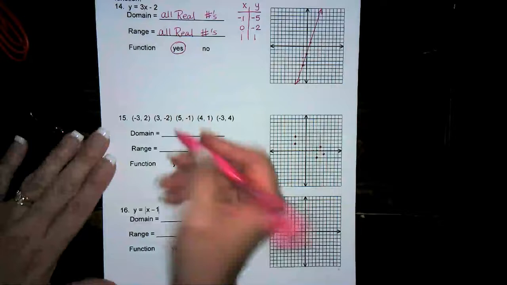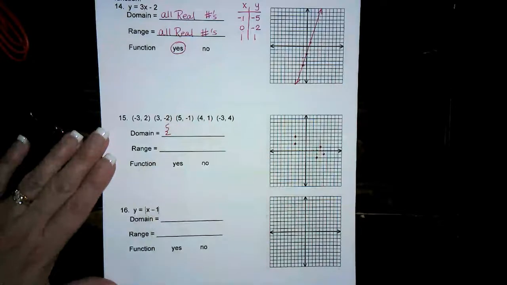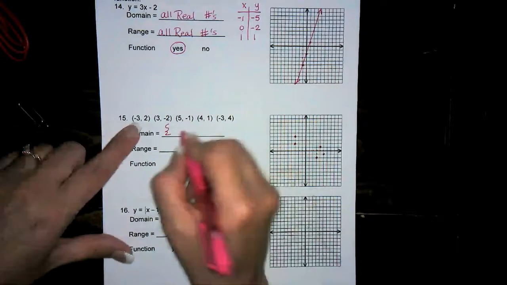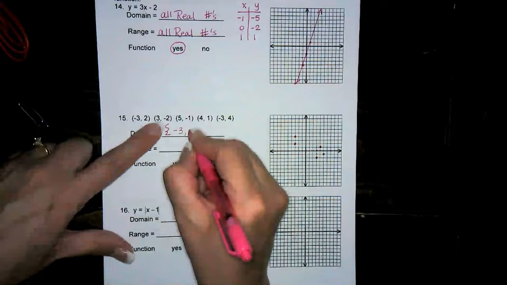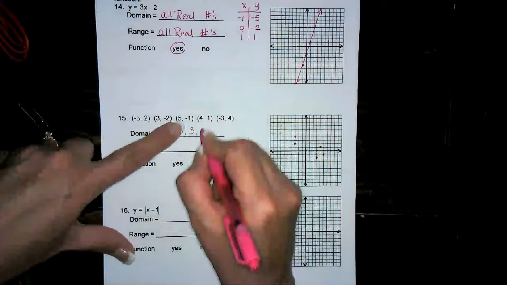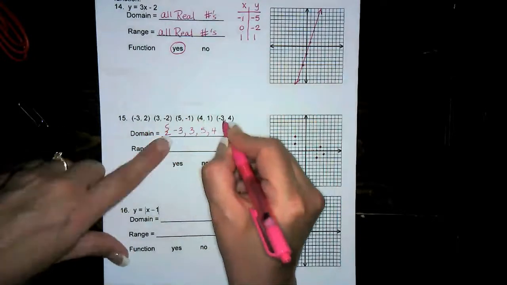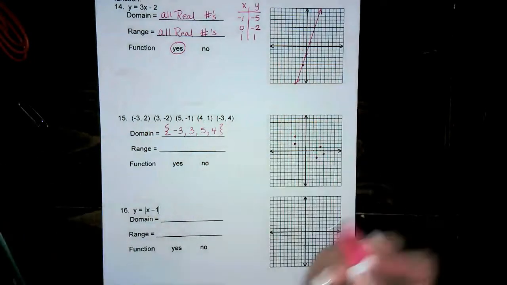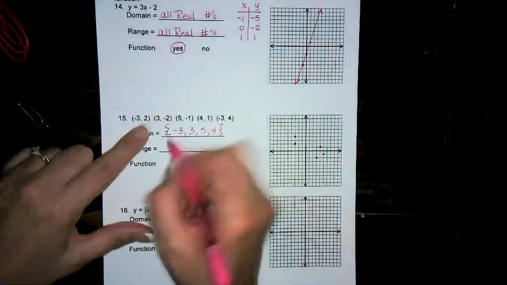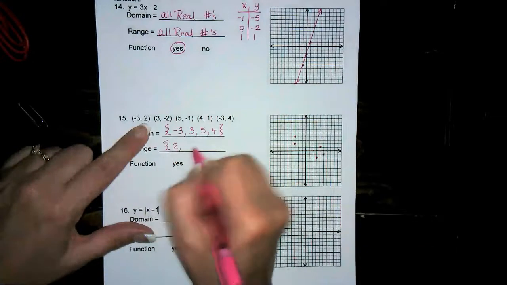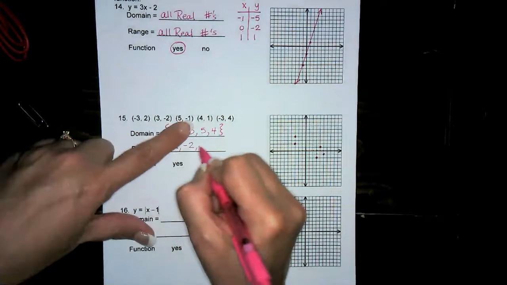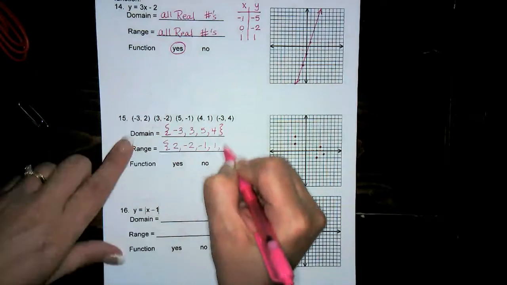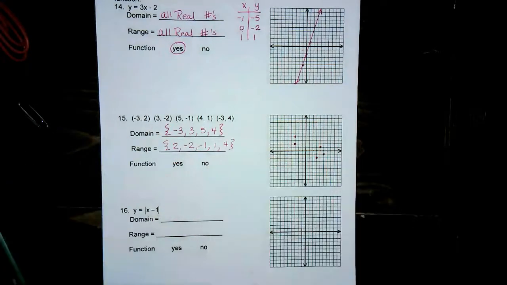Okay, so let's write the domain. This time we're going to list them. So I've got -3, 3, 5, and 4. And I already had the -3, so I don't have to write that. And then I'm going to write my range would be 2, -2, -1, 1, and 4.